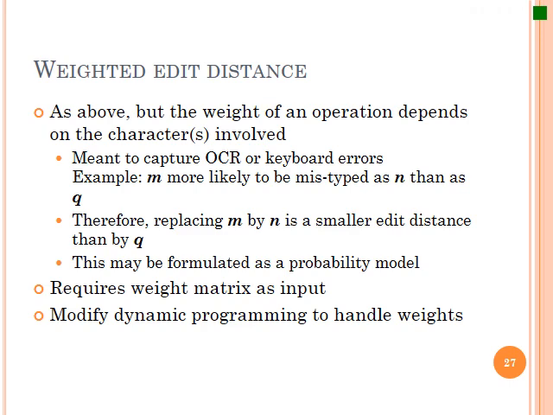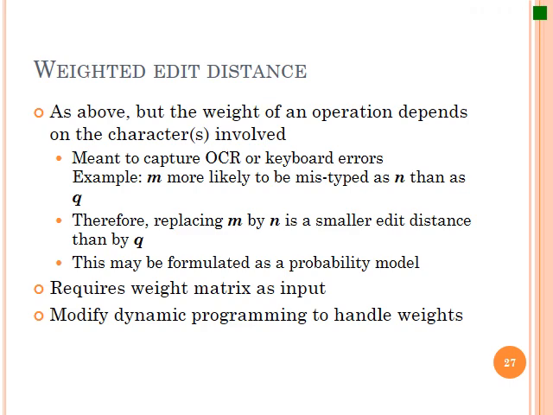For example, in OCR, you know that certain characters are more likely to be mixed up. For example, I know that M is more likely to be mistyped as N than as Q. If you move from this to this, the cost should be smaller than changing M to Q.